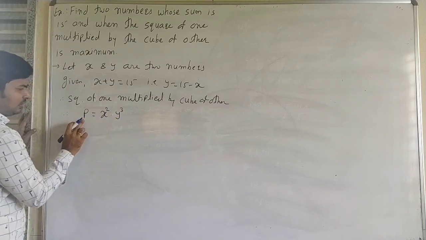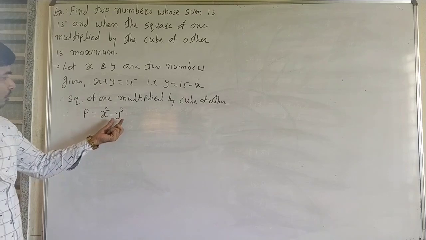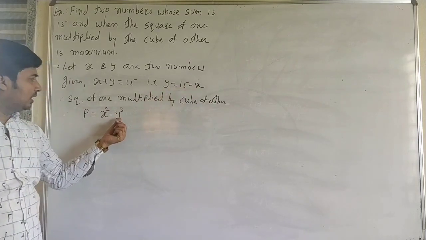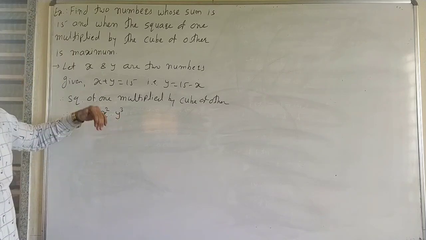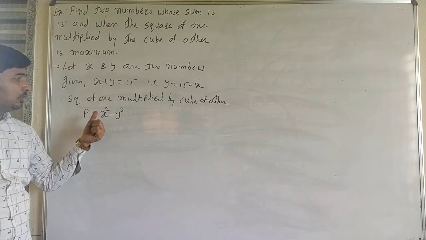Okay, it is multiplication, that is the product. p is the notation, x square into y cube. Now put the value of y, it is 15 minus x, and then 15 minus x whole cube multiplied by x square.